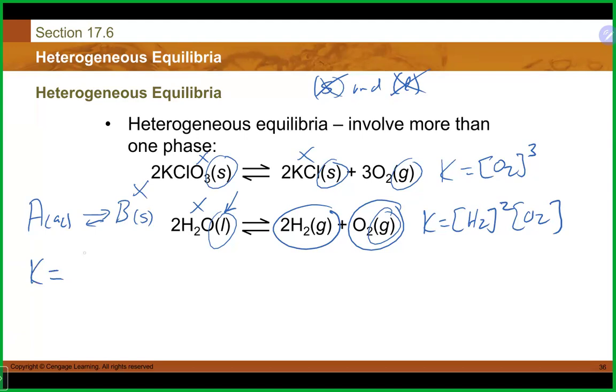So in that case, we would actually do 1 over our reactants. Because the product is not included, this guy would be included. So if your products are not included, just go 1 over the reactants is how you would write the expression. Any questions on that?